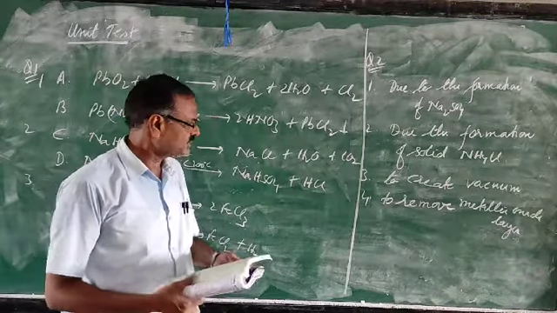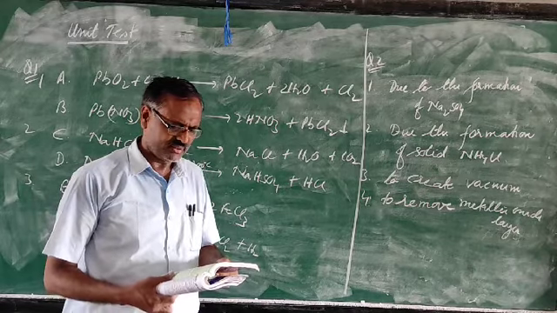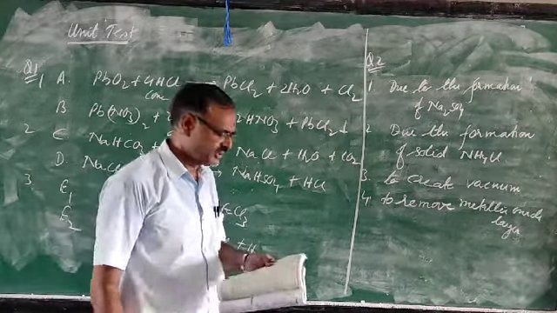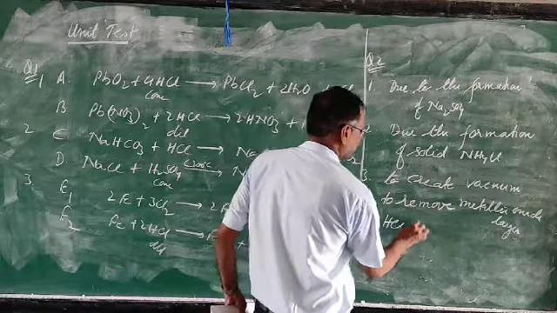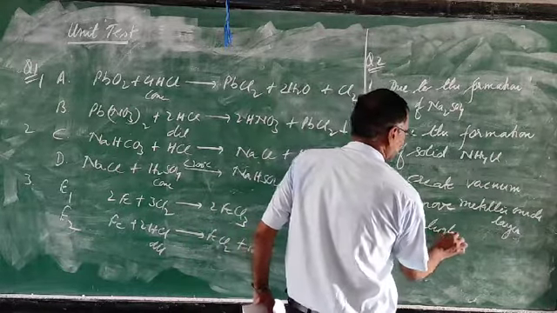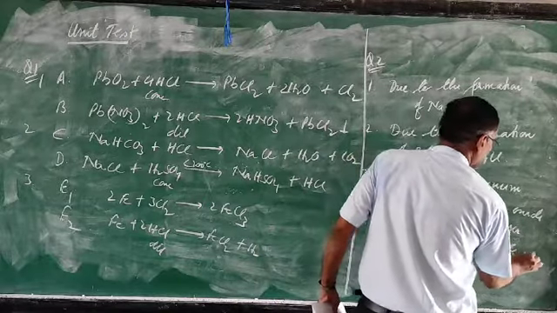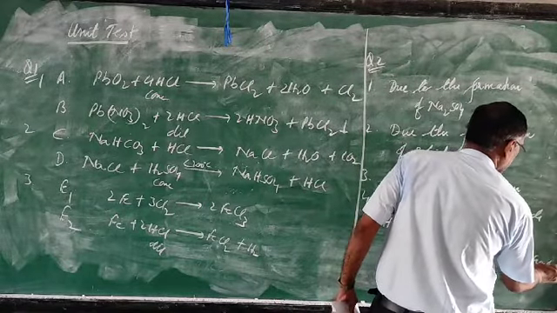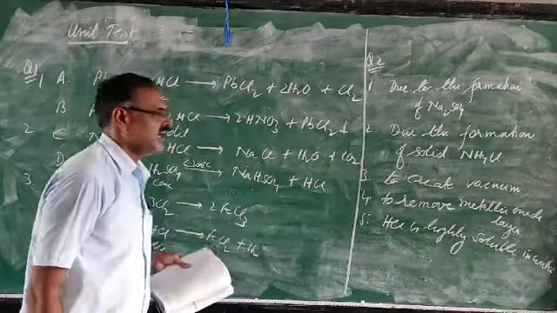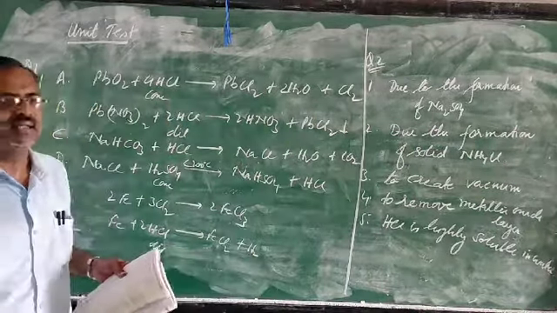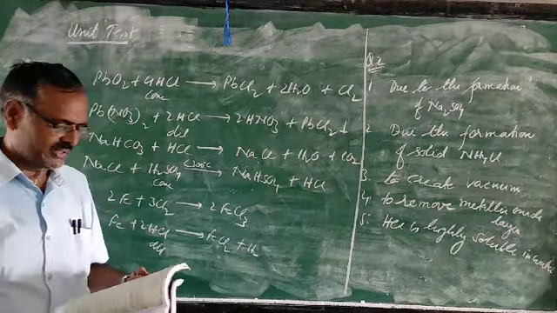Then fifth one is hydrogen chloride gas fumes in moist air, but hydrogen sulfide does not, because this HCl is highly soluble in water, but this H2S is not that much soluble. So HCl dissolves in moisture and forms the mist of droplets. That's why you are getting it.